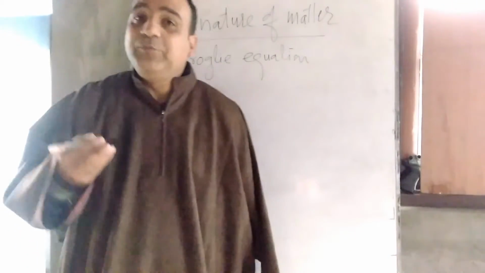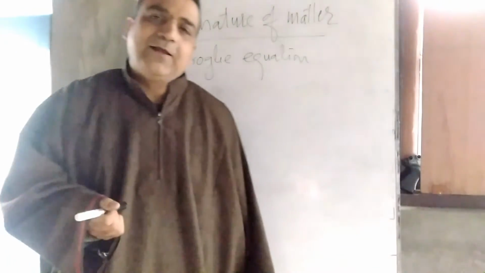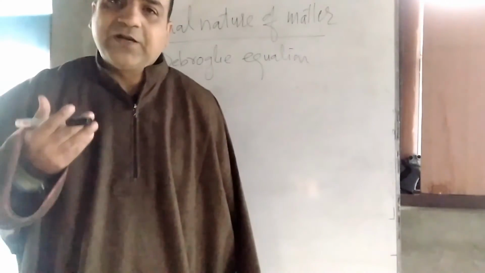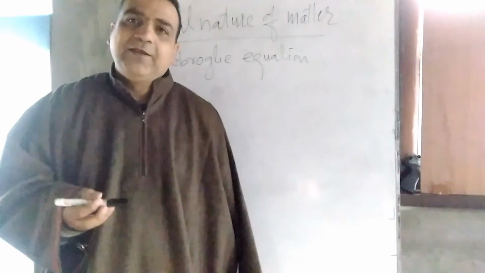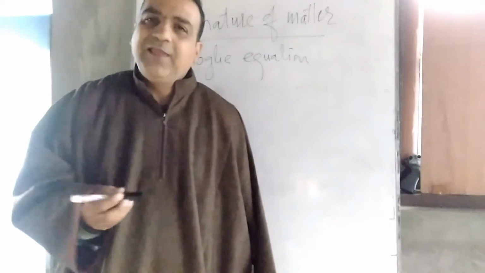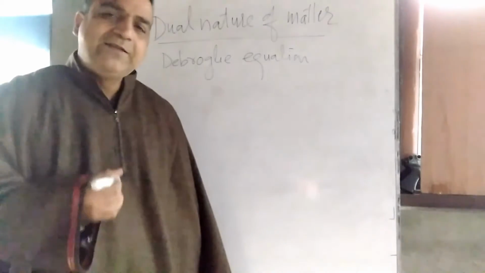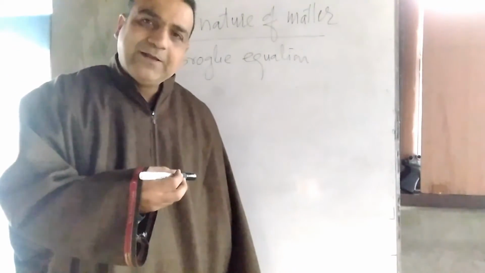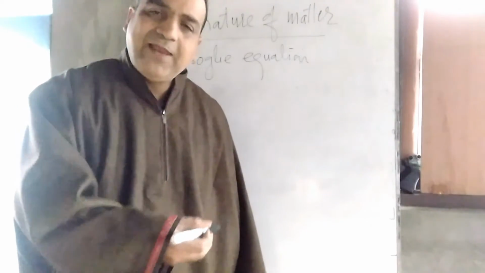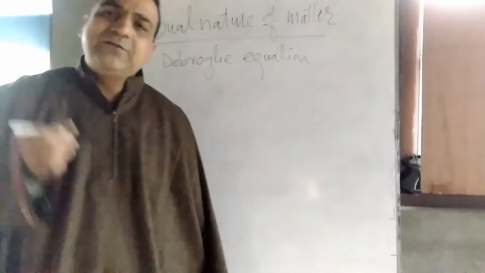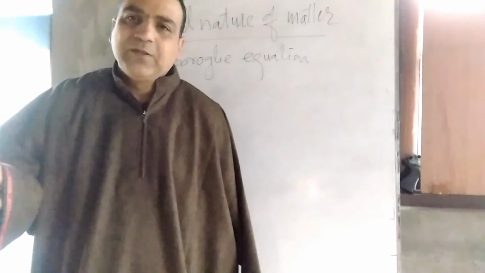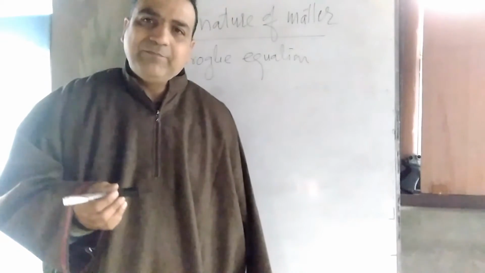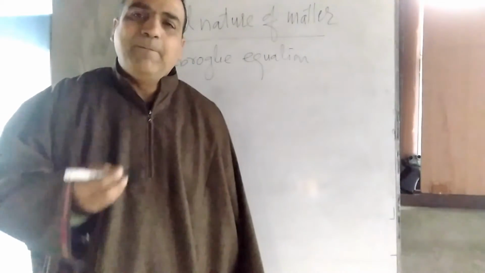The next important thing that de Broglie put emphasis on was that nature loves symmetry. So if we find that light, under certain circumstances, behaves like a wave, and under other circumstances behaves like a particle, the same story can be true for material particles.